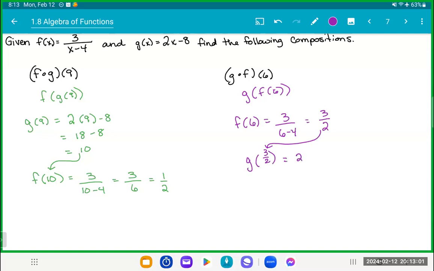And so that is 2 times 3 over 2 minus 8. So that is 3 minus 8, which is negative 5. Okay, question?